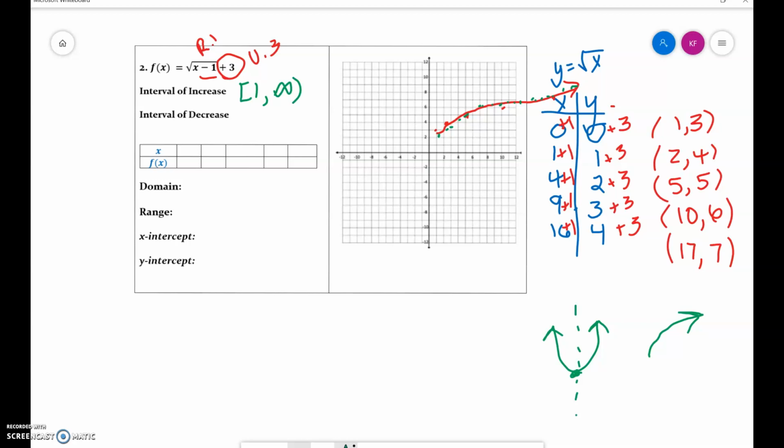Because if we had used something smaller than 1, that meant that on the parent graph we would have had to use something smaller than 0. And you cannot take square roots of negative numbers, they are imaginary. So 0 is the smallest value I can put inside of the parent graph function.